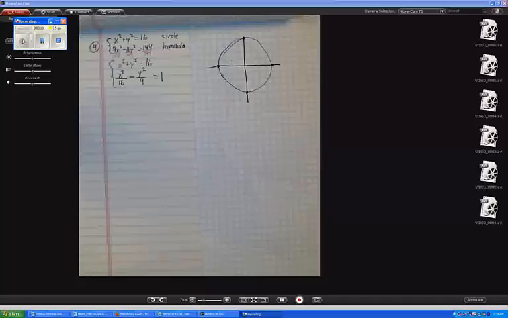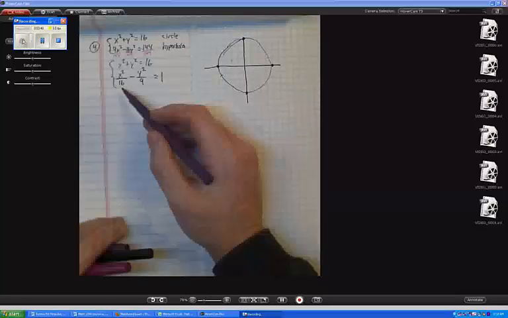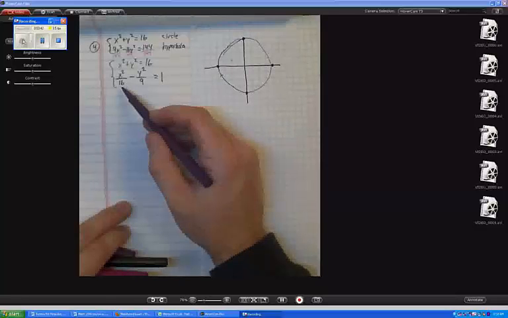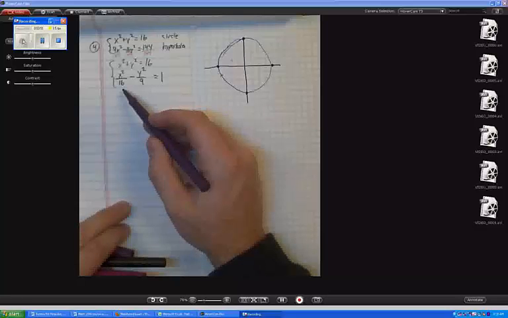Now the other one, the hyperbola, let me work out what that looks like. I'll do that in black here. So the first thing I do is I go and I look for A. A squared is 16, right? And that tells me A is plus or minus 4, right?